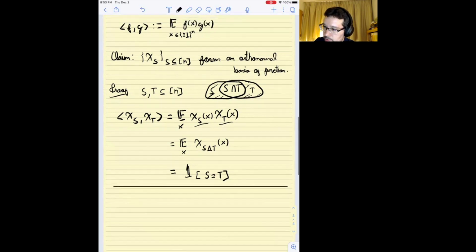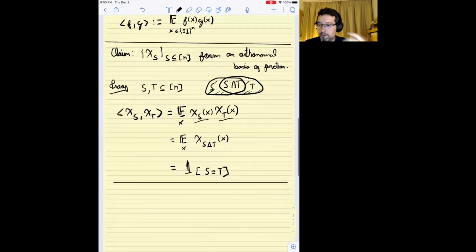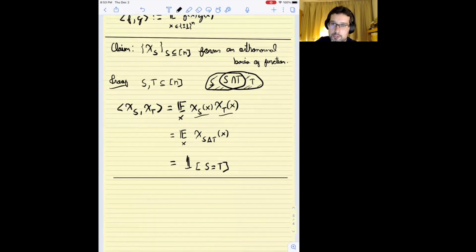Very good. So we just proved that the characters form an orthonormal basis. This is their inner product, and that's extremely convenient, because any function can be written in terms of this basis, right?